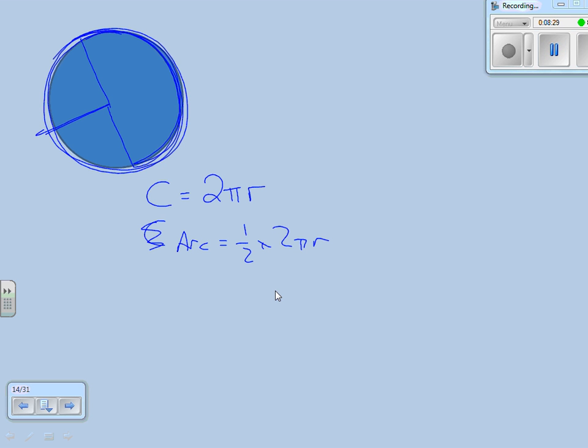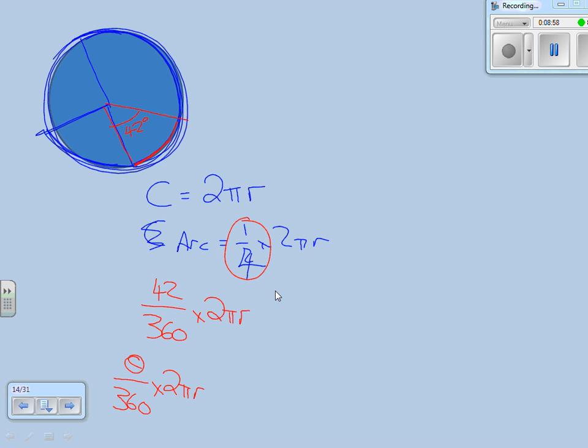If I just went a quarter of the way round, I'd want a quarter of 2 pi r. If instead I wanted a smaller bit, say this bit here which is 42 degrees, then the fraction I'd be looking at is 42 out of 360 times 2 pi r, or as a formula, theta out of 360 times 2 pi r.